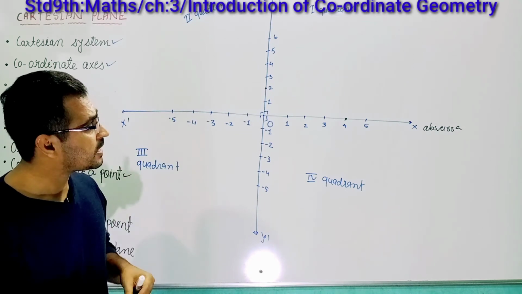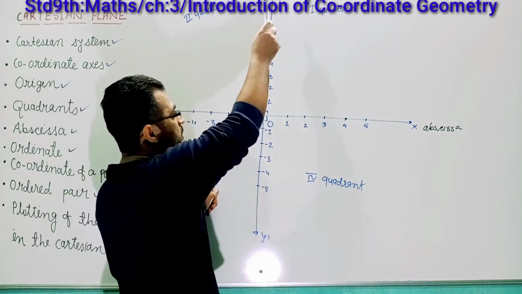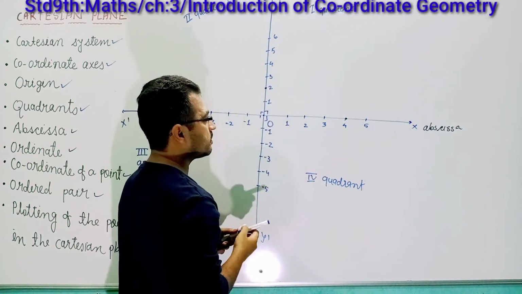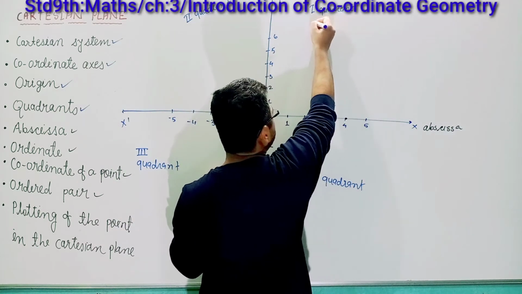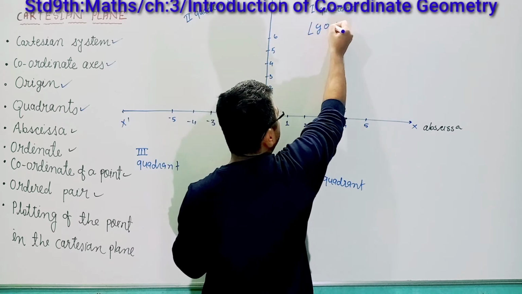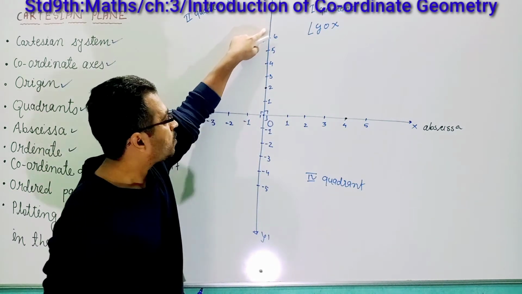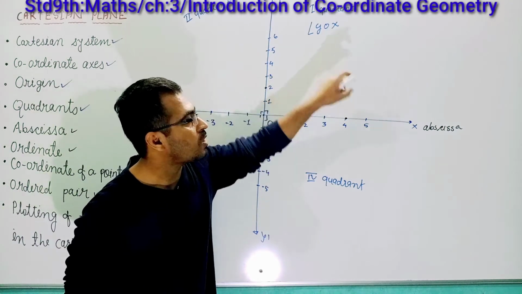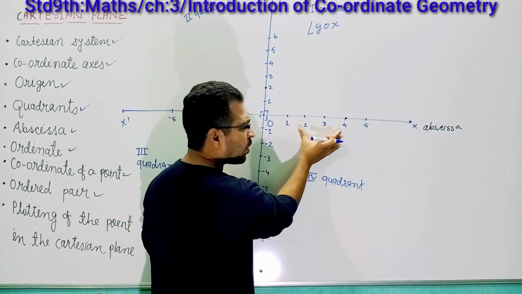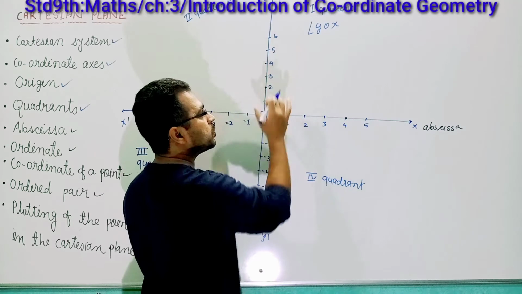So here you can see that the first quadrant is XOY, otherwise YOX. First quadrant is equal to angle YOX. This is the first quadrant. Here you can see that the coordinate of the x-axis is positive and the coordinate of the y-axis is also positive.